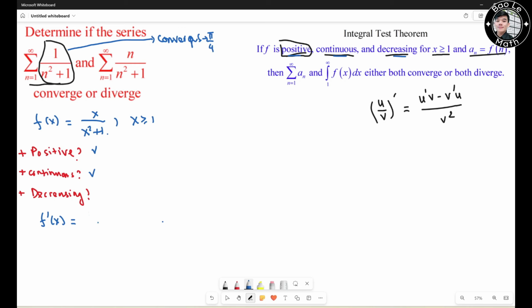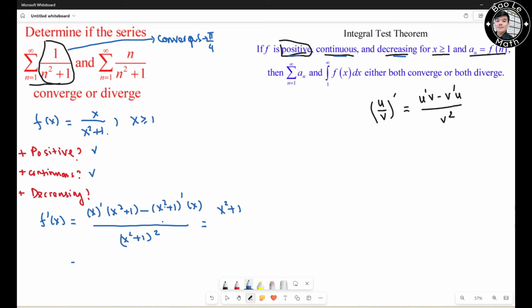So we have s prime times s squared plus 1 minus s squared plus 1 prime times s over s squared plus 1 altogether squared. So s prime is going to be 1, so the top should be s squared plus 1.